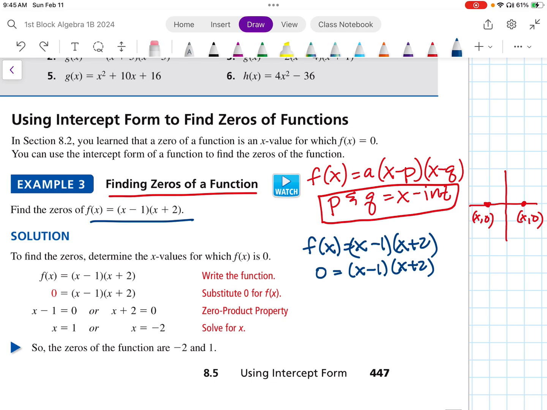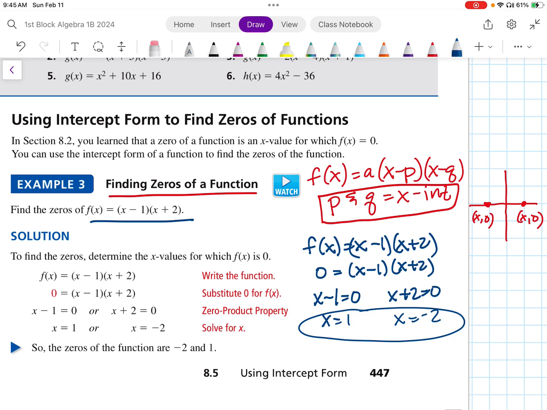So that's where we fall to our zero product property. x minus 1 equals 0, x plus 2 equals 0, x equals 1, x equals -2. Okay, and those are our zeros, our roots, our solutions. When we're graphing, they are our x-intercepts.